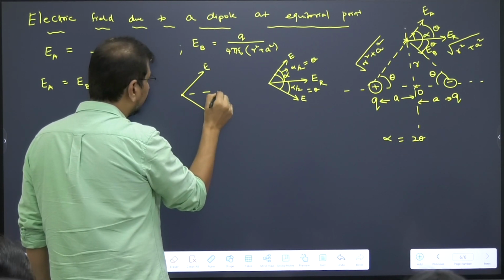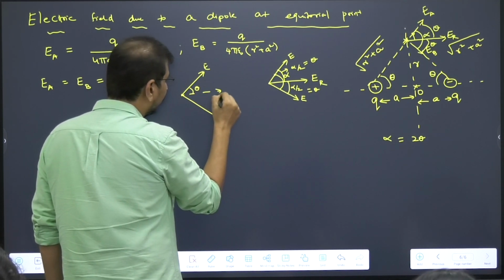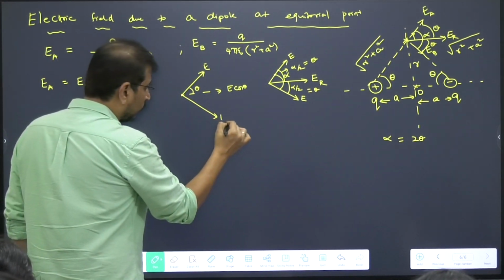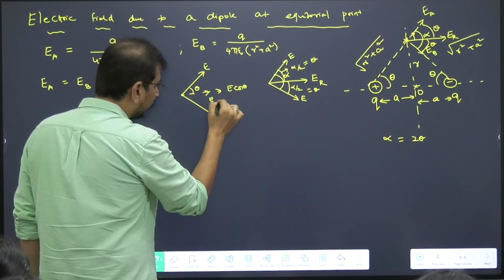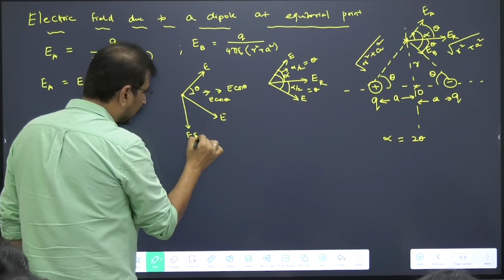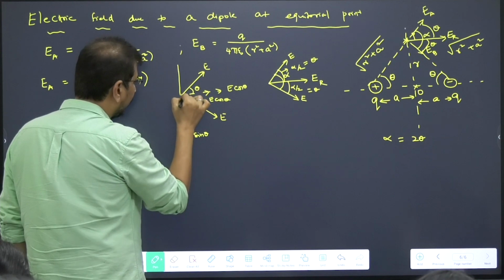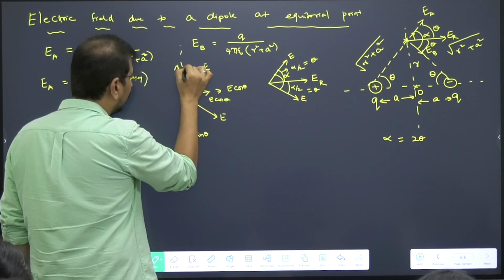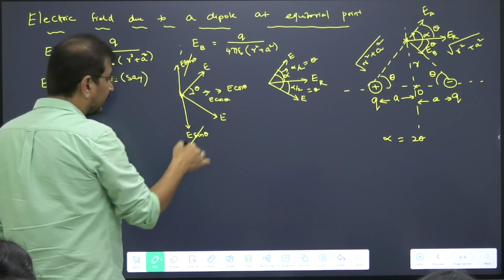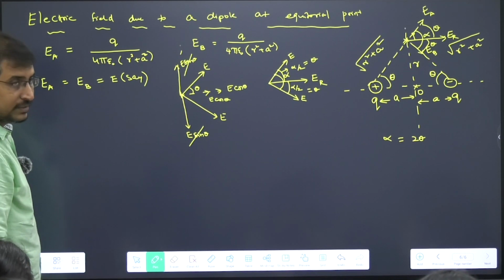So having said this, in the same diagram, if I resolve them into two components, if this is theta, then this is going to be E cos theta, and due to this electric field, this will also be E cos theta. Now downward will be E sin theta and upward will also be E sin theta. If you observe, E sin theta gets cancelled. So what gets added?